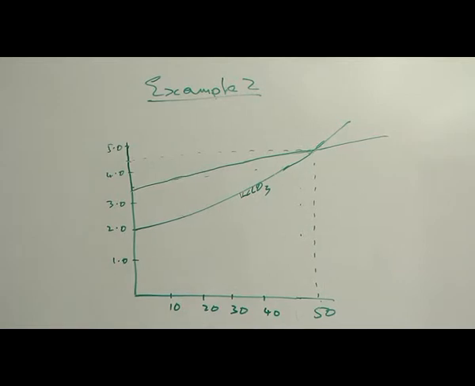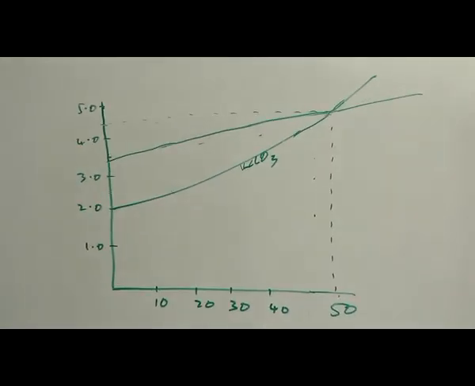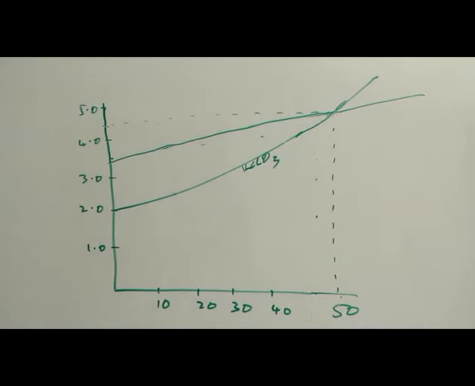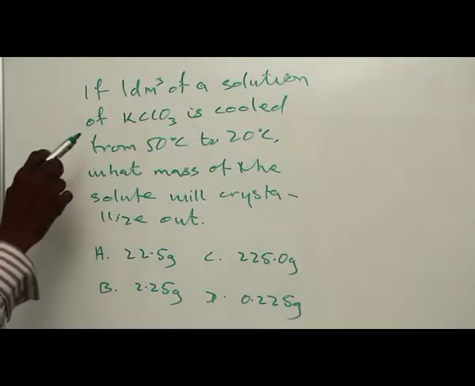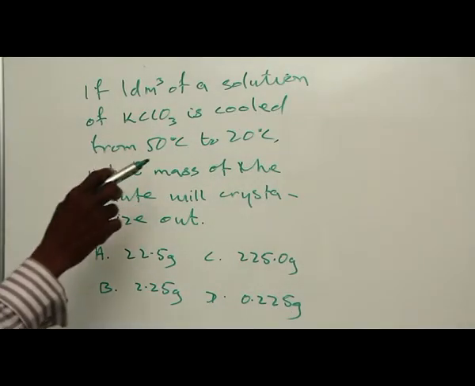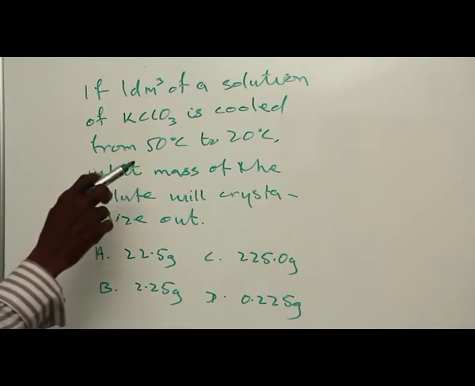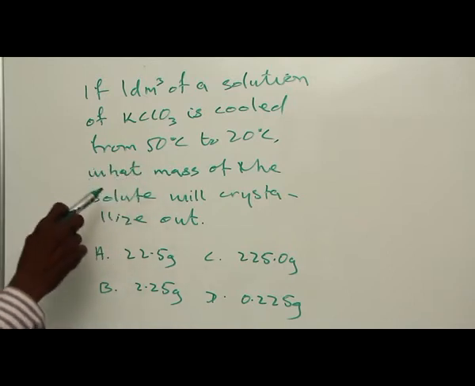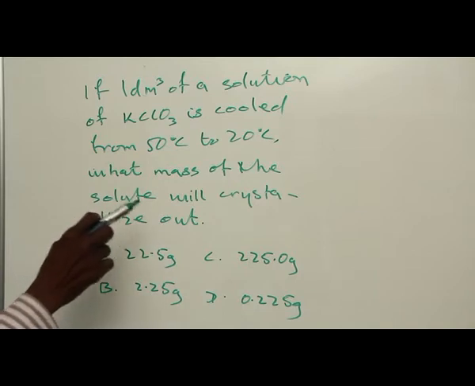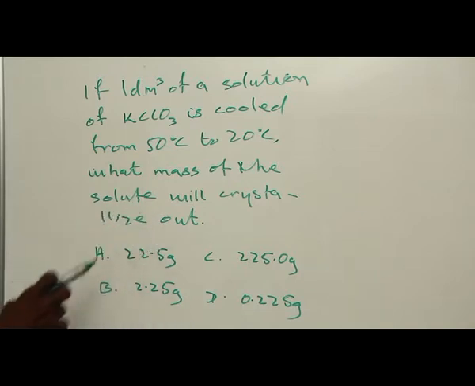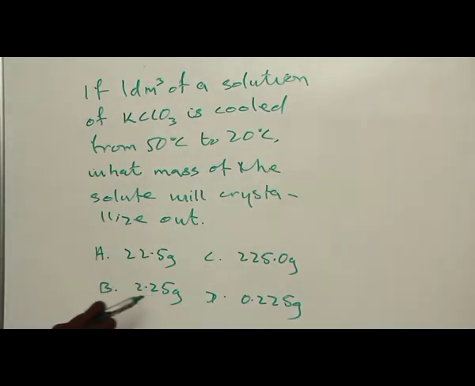Example 2. Let's consider the graph. If 1 dm cube of a solution of KClO3 is cooled from 50 degrees Celsius to 20 degrees Celsius, what mass of the solute will crystallize out? The options are A, 22.5 grams, B, 2.25 grams, C, 225.0 grams, D, 0.225 grams.